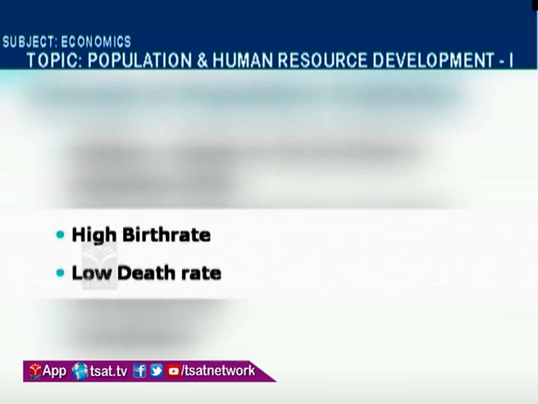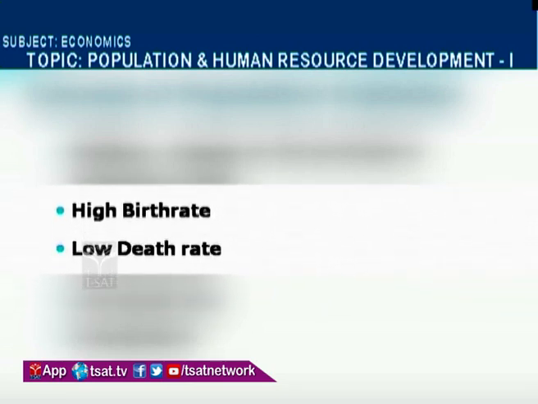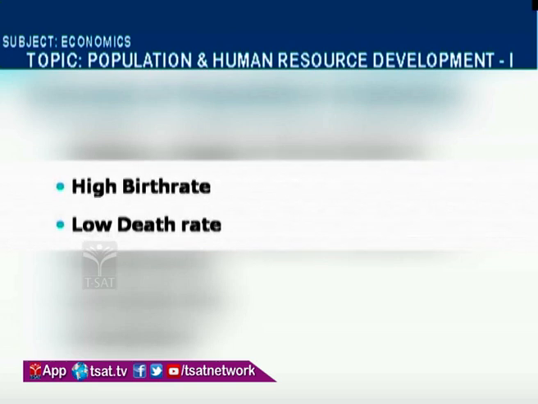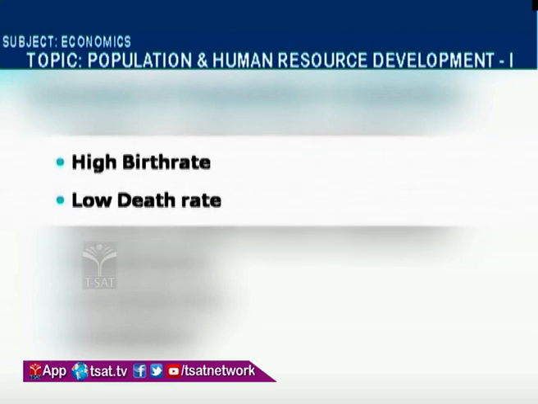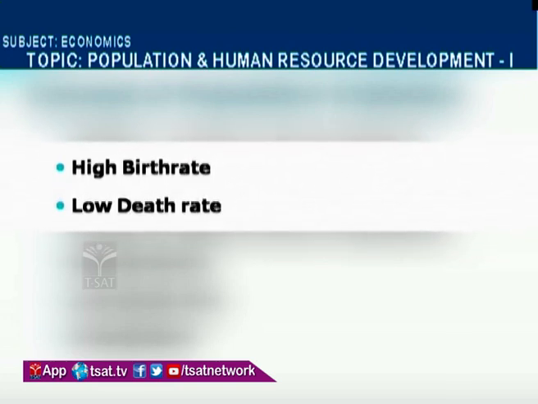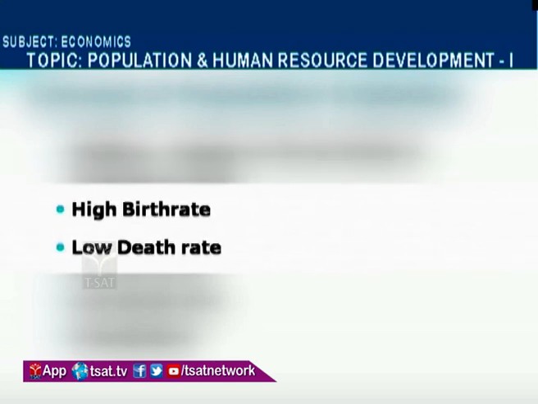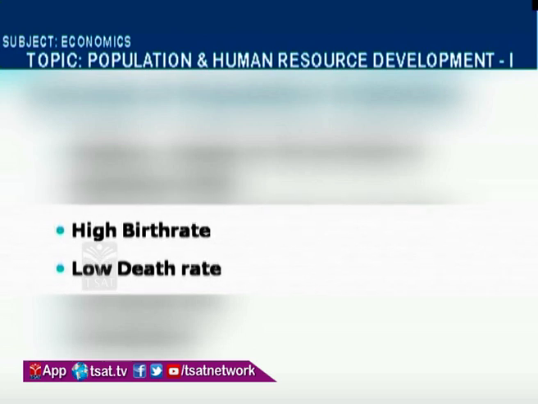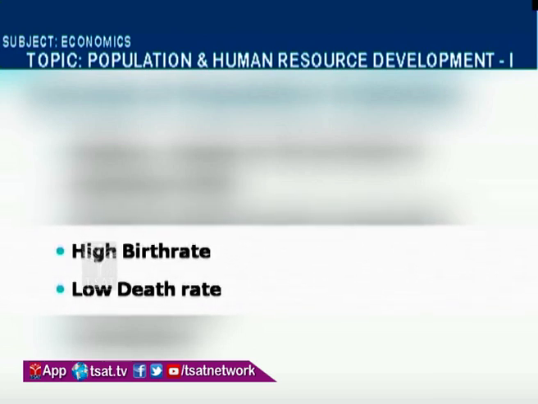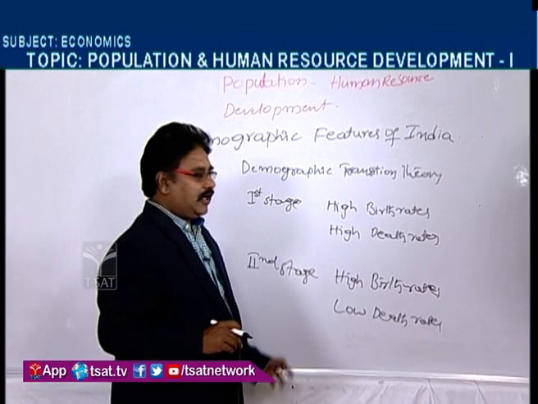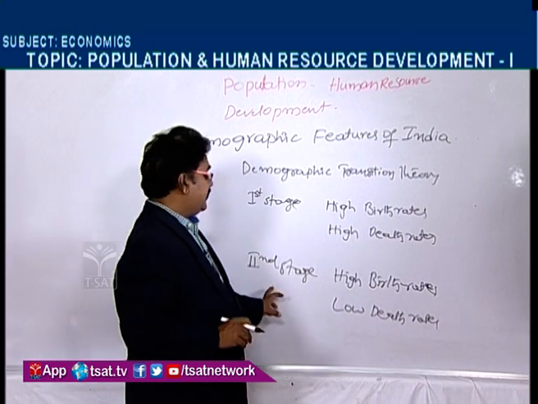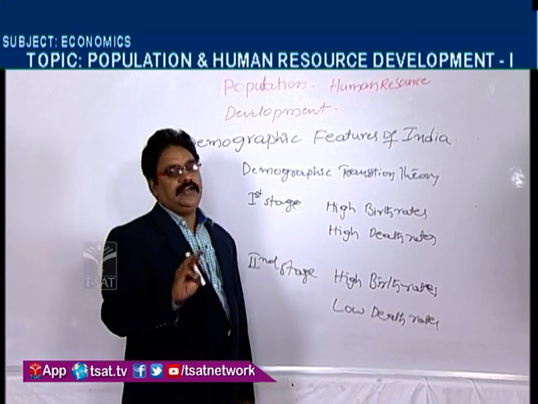In this stage, high birth rates followed by low death rates. According to the demographic transition theory, the second stage is high birth rates and low death rates.